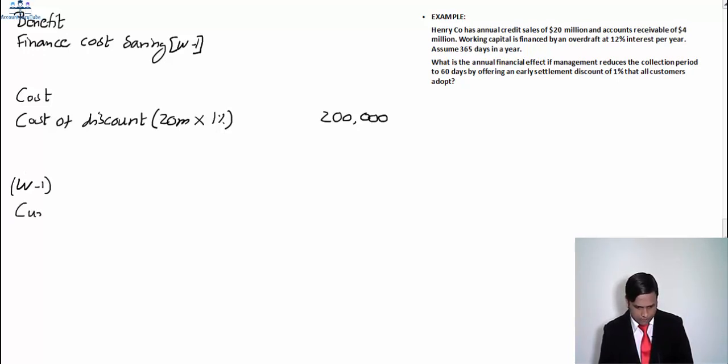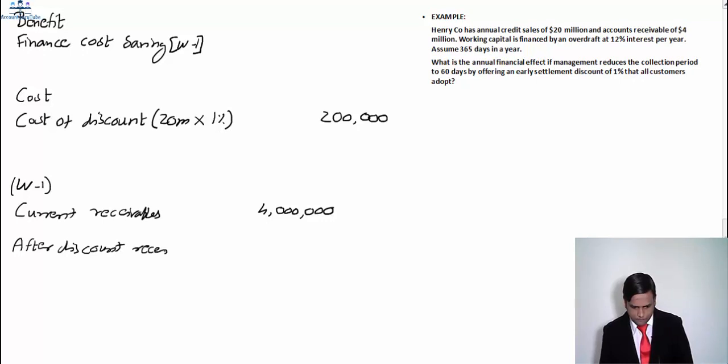We know the current receivables are $4 million, and now we need to look at the after discount receivables. Now it becomes 60 days.